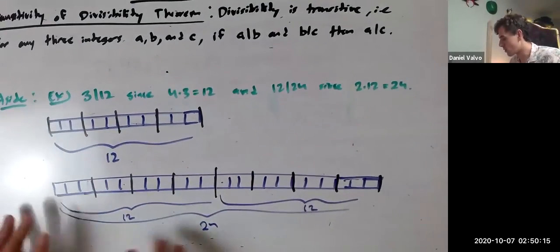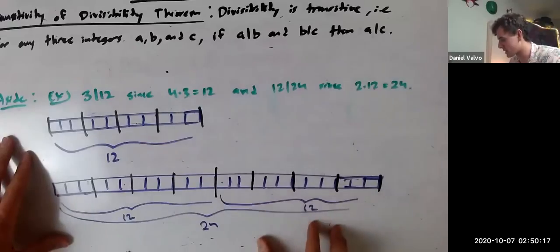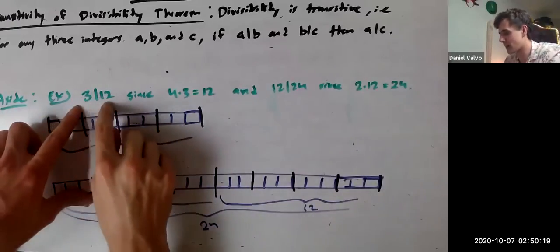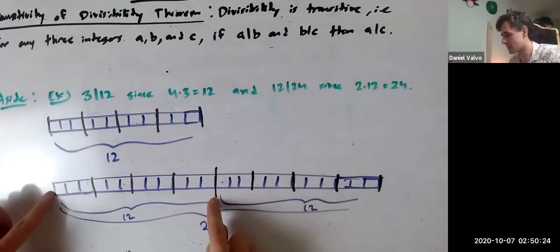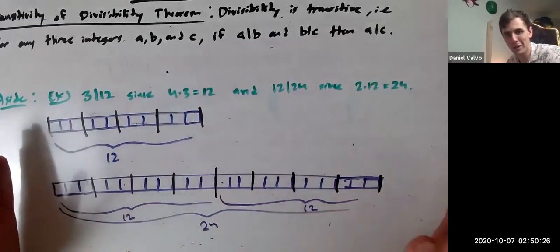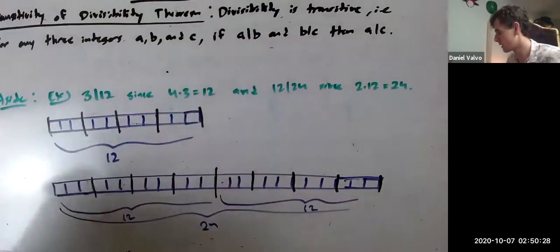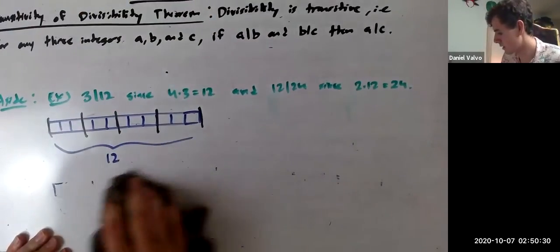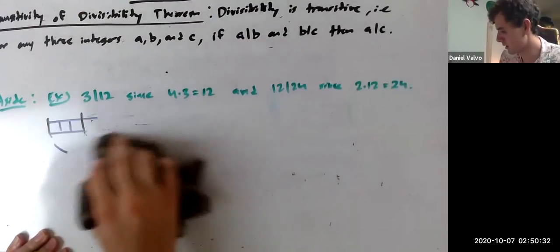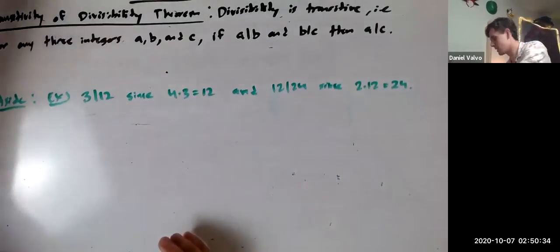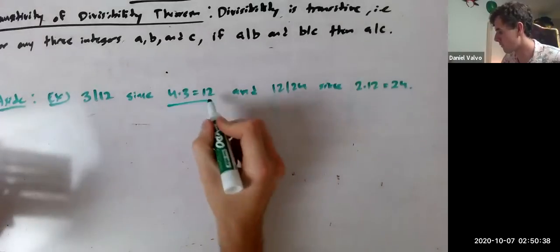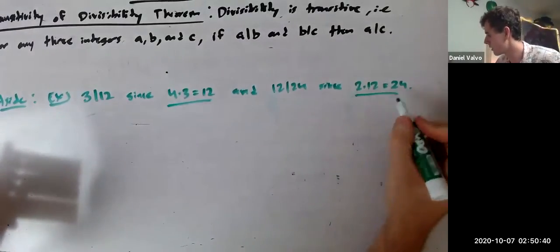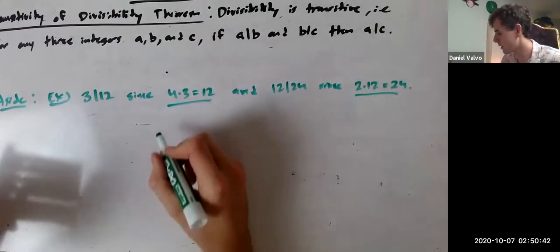But yeah, so I think clearly this transitivity thing makes sense because if A divides B and B divides C, well then just think about how B goes into C and then put A into each of those B's and then you have it. In this exact example, the way you mathematically do it is we have 4 times 3 equals 12 and 2 times 12 equals 24.